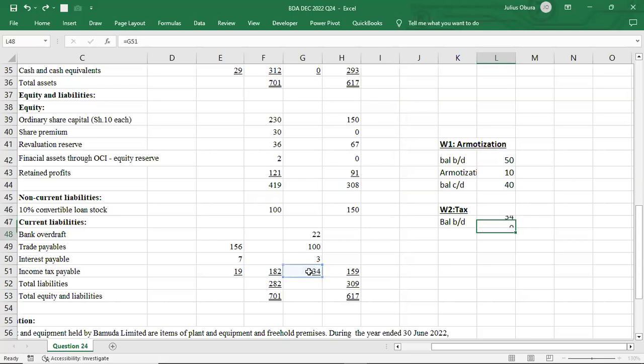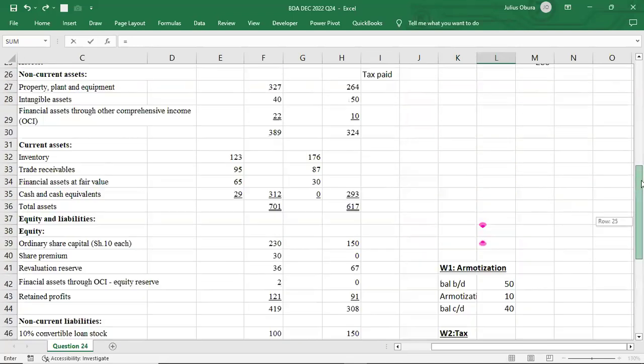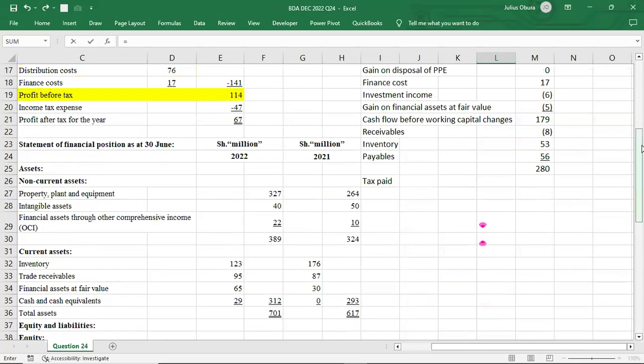Then we have the tax charge for the year, which we get from our income statement. It's 47, so let me put minus 47 because this is already negative.